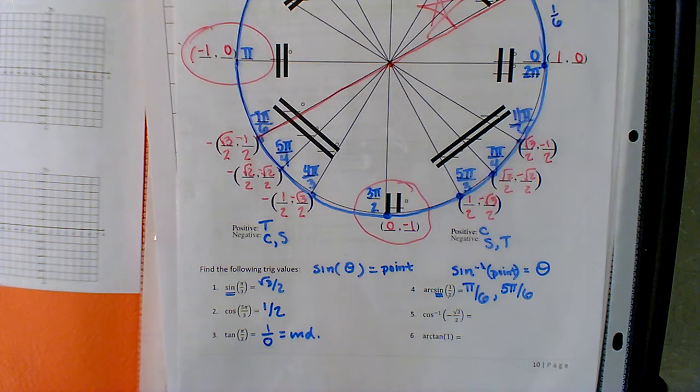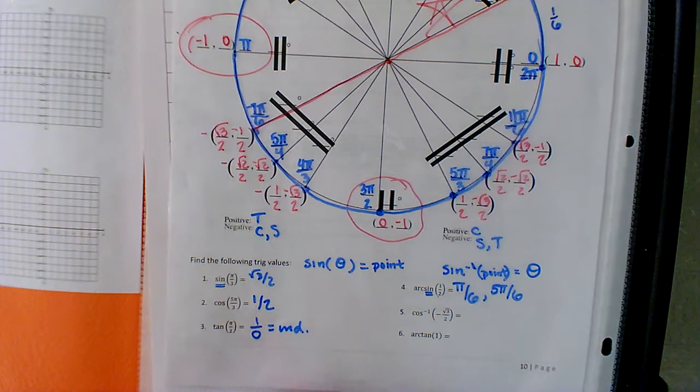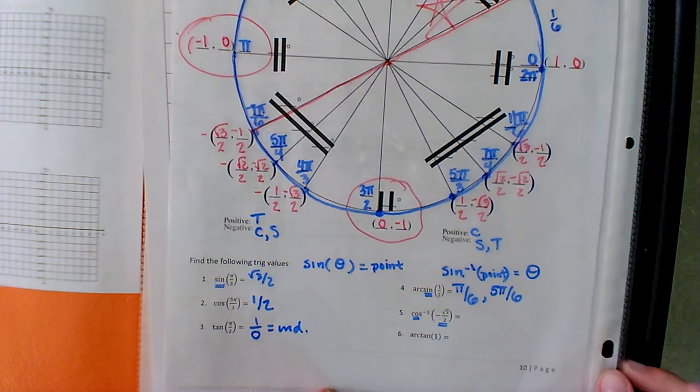All right, check out number 5. So where on the unit circle does cosine have a value of negative square root of 3 over 2? We're looking for the angle or radian measure.